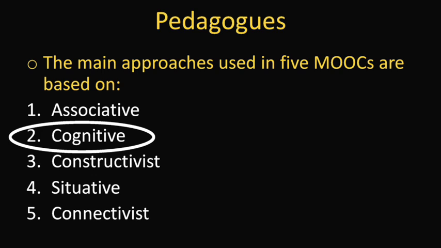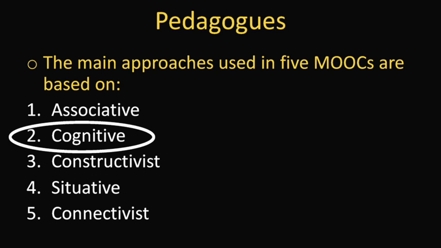An Empirical Examination of Criteria to Assure Design Quality of MOOCs, the authors take a look at 5 MOOCs and determined that the main pedagogical approaches used in these courses are associative, cognitive, constructivist, situative, and connectivist.